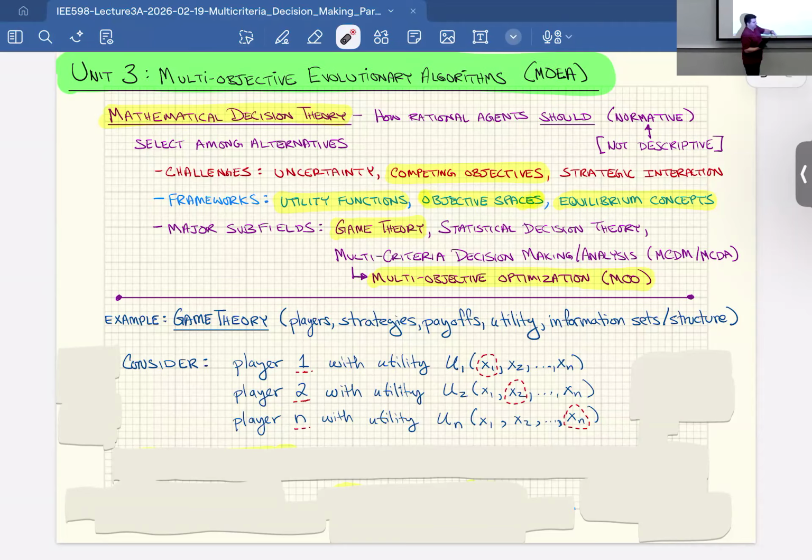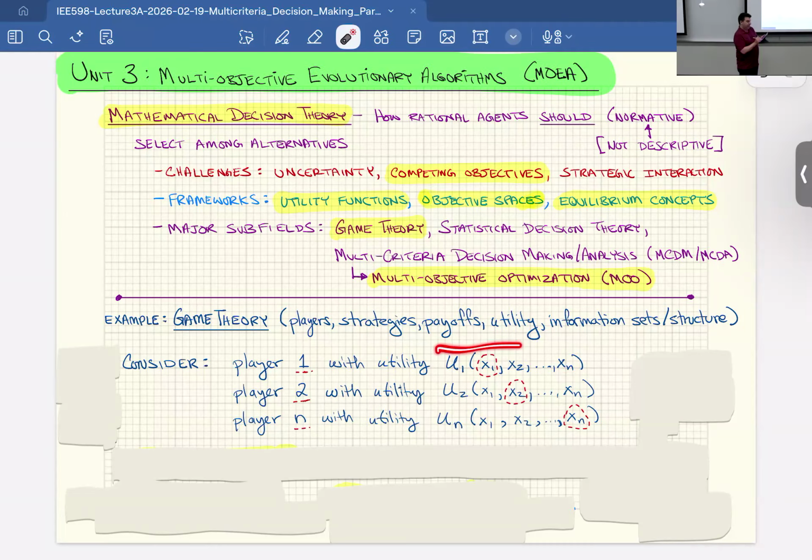And so these utility functions, each one of these players can make an action, which we quantify with these variables. So player one can make action X1, player two makes action X2, and so on, all the way up to player N. Now, the utility, the payoff that player one feels is a function of its own action and everyone else's action, but it only has control over its own action.